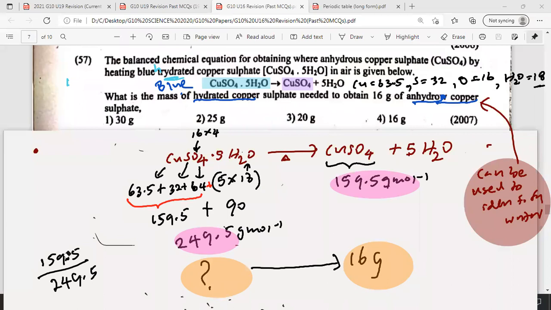I'll ask for the answer from Isula, Sumela. Fourth answer. 16 grams. Hydrated copper sulfate also, you get 16 grams, both 16. Hydrated means with water.